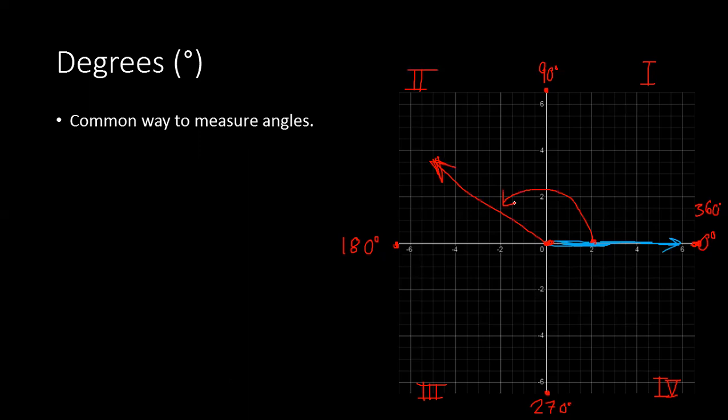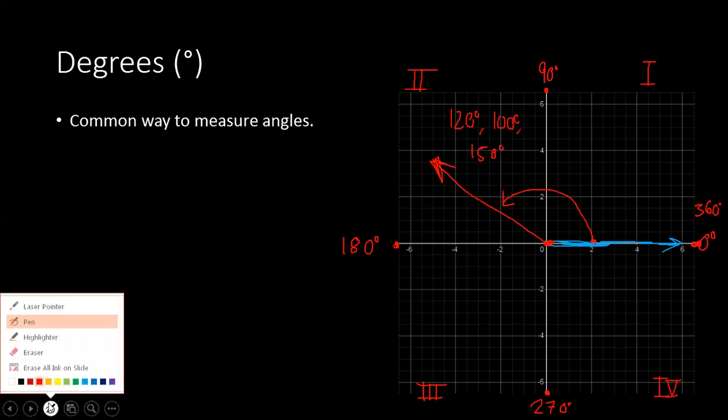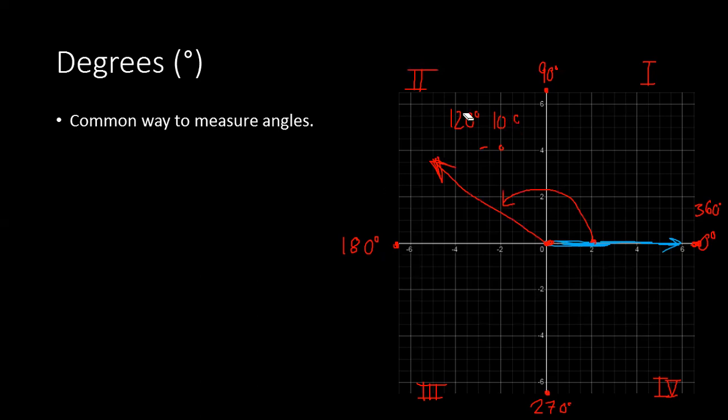If the terminal side is located at the second quadrant and it is rotated in counterclockwise, then the angle here is greater than 90 degrees but less than 180 degrees. So you can have, let's say, 120 degrees, maybe 100 degrees, maybe 150 degrees, and so on. Basically, that's it.